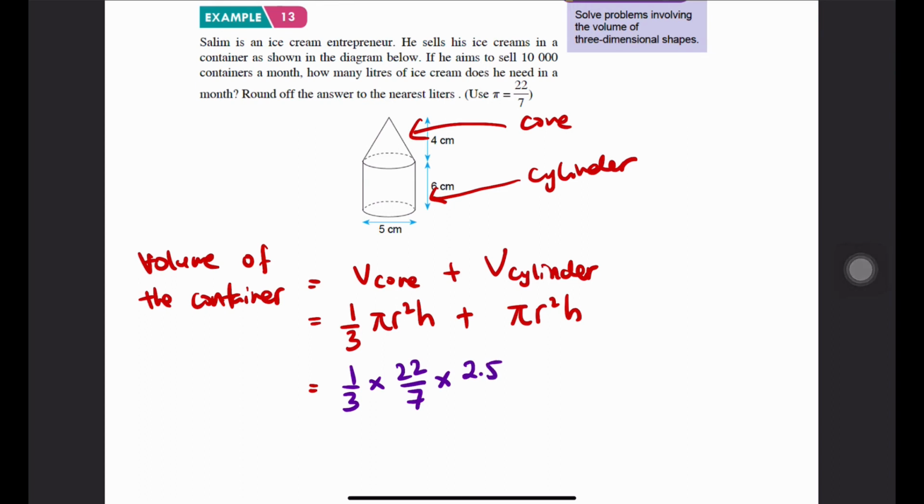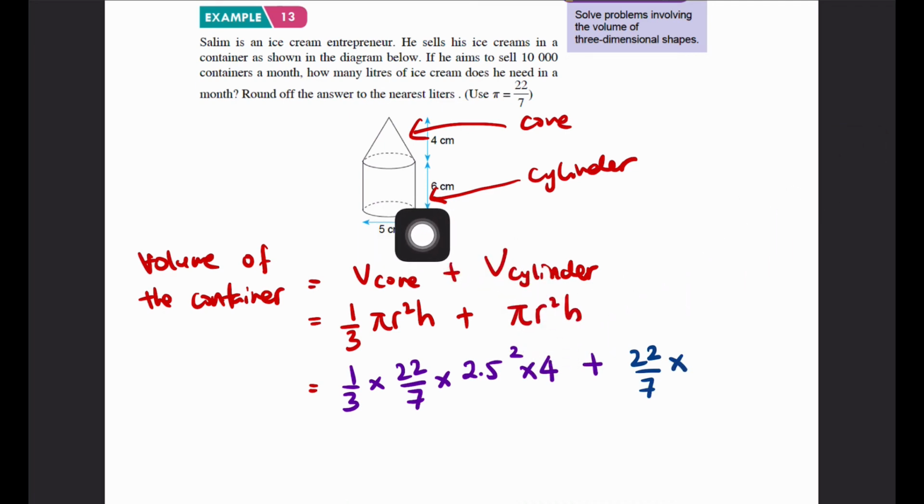So 2.5 square times the height of the cone, which is 4. Plus the volume of the cylinder: 22 over 7 times r square. The radius of the base of the cylinder is 2.5, so 2.5 square times the height of the cylinder, which is 6.